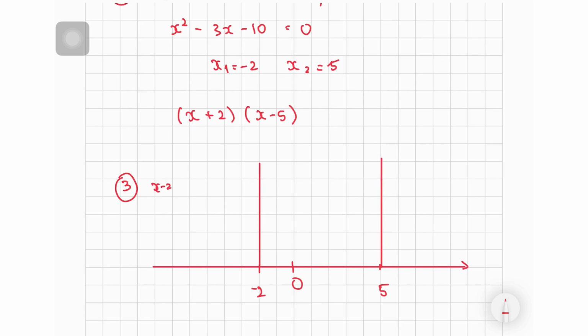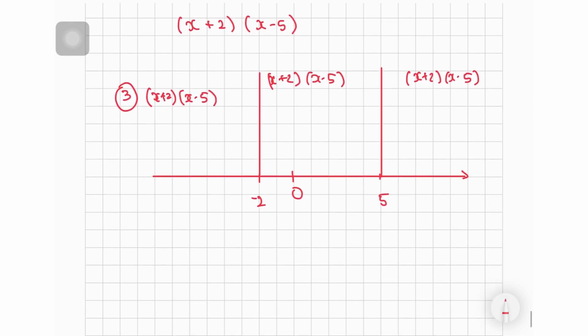And we write here x plus 2, x minus 5, and in each region again x plus 2, x minus 5. So that's the derivative, and we will see where the function is increasing or decreasing.